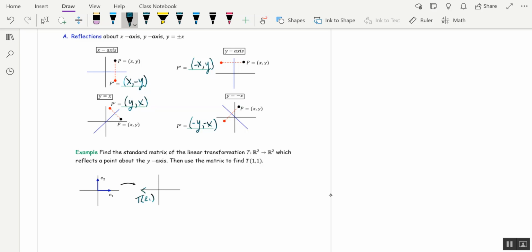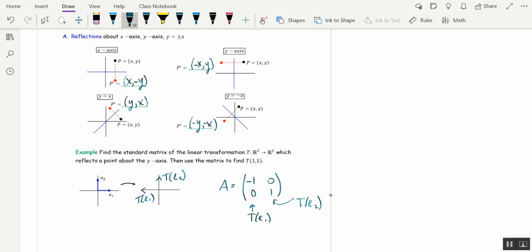So E1 is going to get flipped over horizontally, and E2 is going to stay where it is because it's already on the y-axis. So for the matrix A, we just write down the coordinates of T of E1 and T of E2. T of E1 goes in as the first column. That's negative 1, 0. And T of E2 is 0, 1. That goes in the second column.